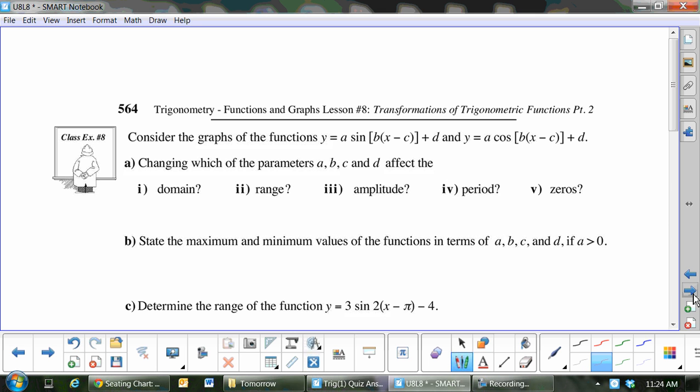Okay, now this is a really good question. Because now that we have done that last one, this should be a bit more clear. Now remember, we're talking about sine graphs. What do sine graphs do? They go like this, right?